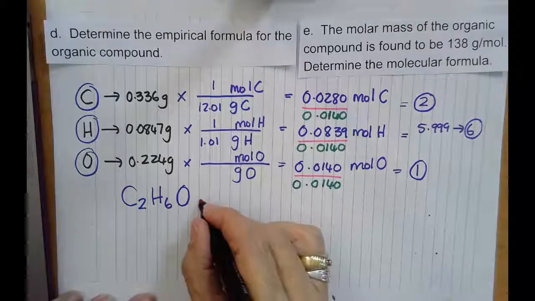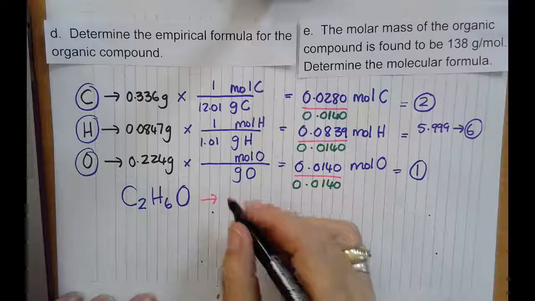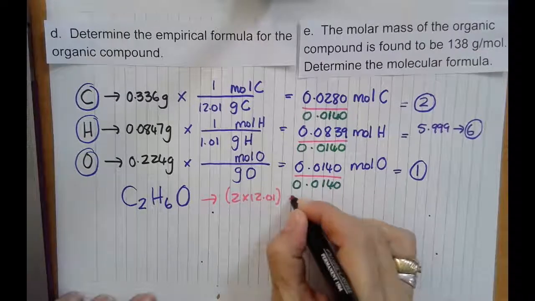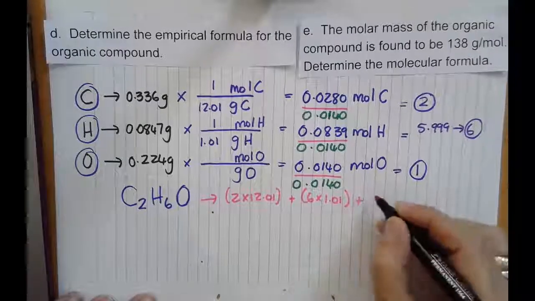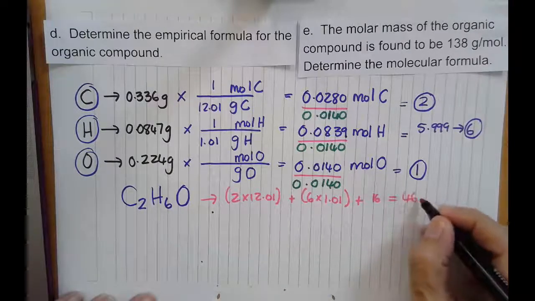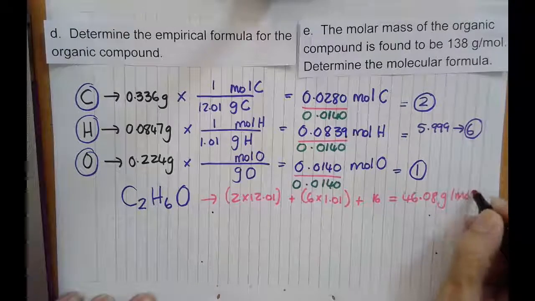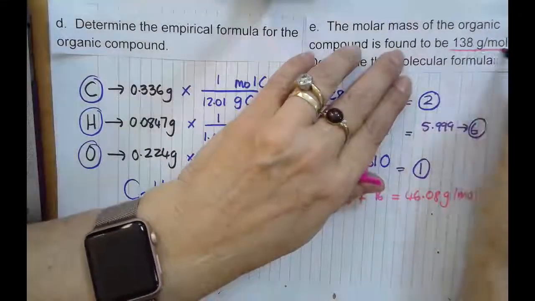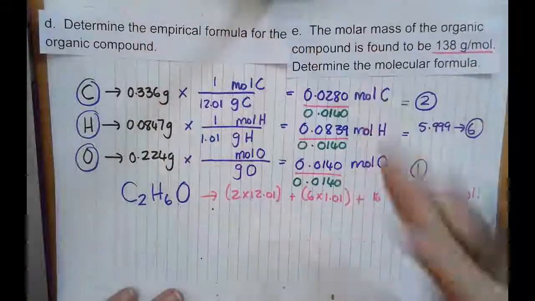So let's quickly add this up to see what is the molar mass of the empirical formula. That's going to be 2 times 12.01 plus 6 times 1.01 plus 16. And I see that that gives me a value of 46.08 grams per mole. Now clearly the question says that the original compound's molar mass is 138 grams per mole.